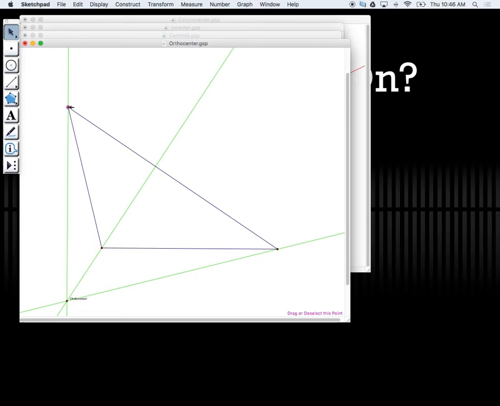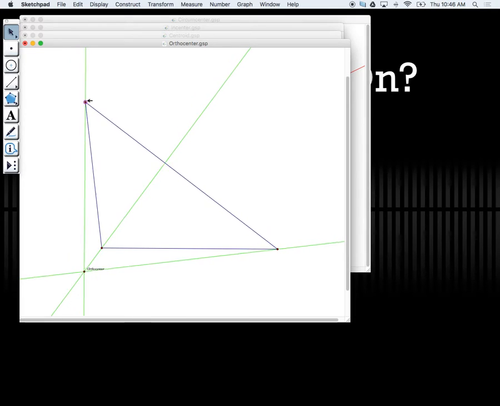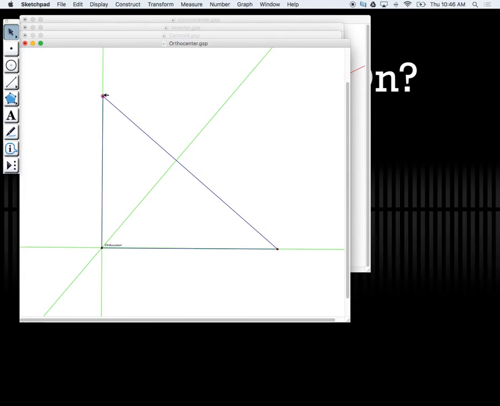For the orthocenter, when it's an obtuse triangle, it's outside the triangle, but behind the obtuse angle. So remember, the circumcenter is outside, but inside the obtuse angle. This is outside, but behind the obtuse angle. And what happens when it's right? It's on the vertex of the right angle, correct.